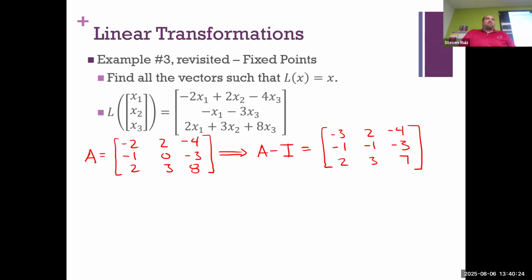Which we've kind of done because we're forcing lambda to equal 1. So we have the new matrix we're going to find the eigenvectors of. Well, the determinant wouldn't tell us much. The determinant of this matrix is probably not zero, and that's okay.